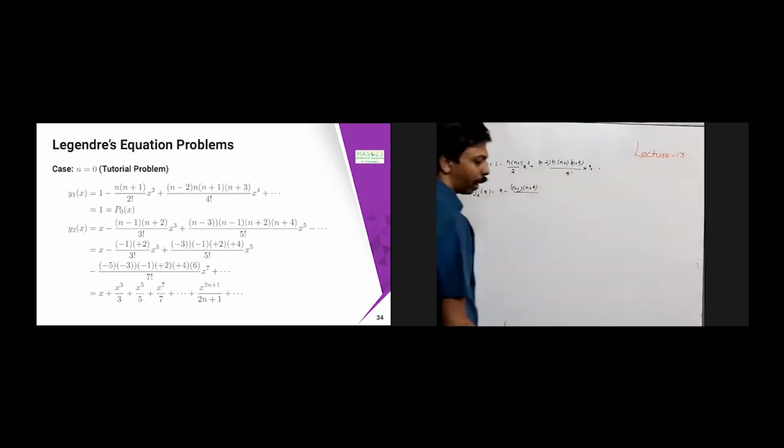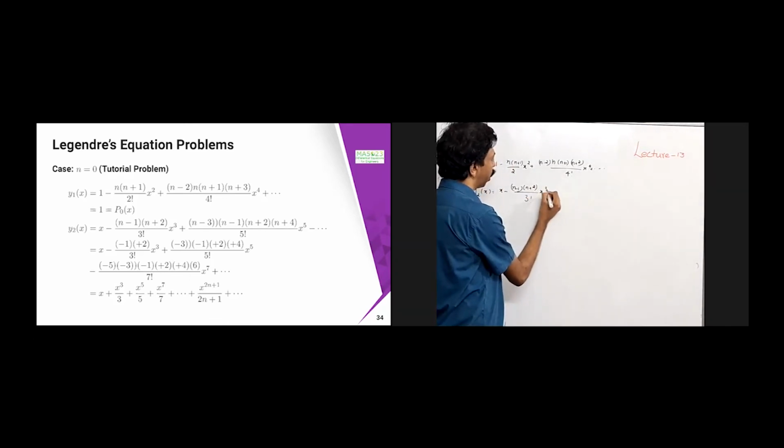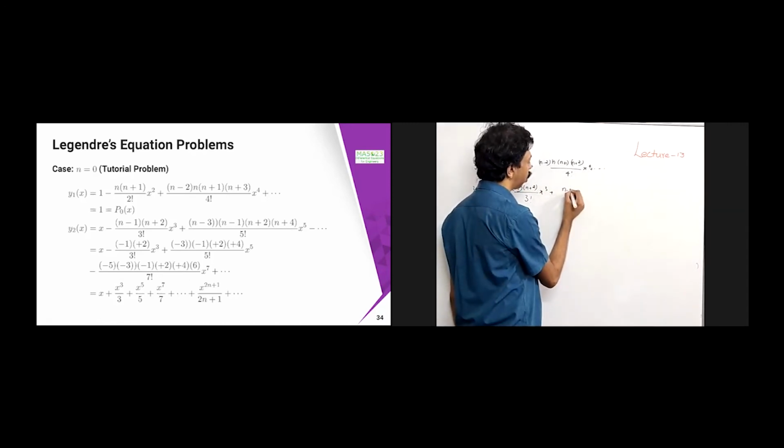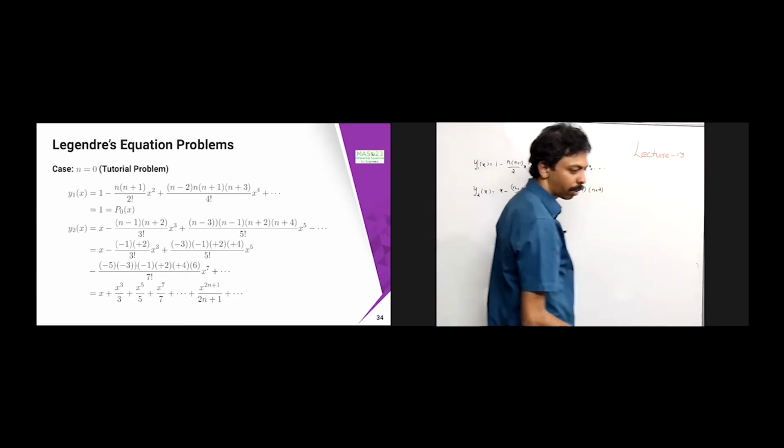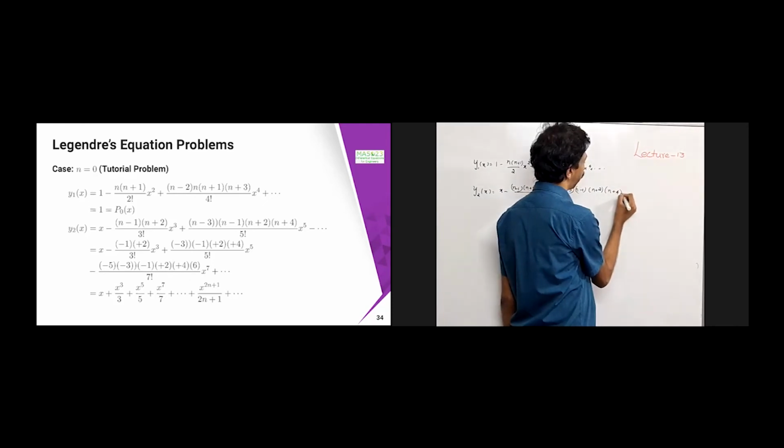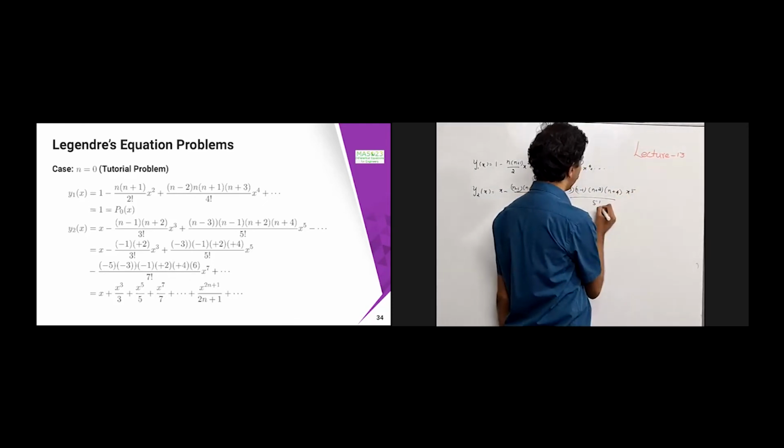Similarly, y2 of x we have written. y2 of x is nothing but x minus n minus 1 into n plus 2 divided by 3 factorial into x cube plus n minus 3 into n minus 1 into n plus 2 into n plus 4 into x power 5 divided by 5 factorial, etc. Now when n equal to 0, y1 of x is going to become, since everywhere n is there, this is going to vanish, therefore 1.